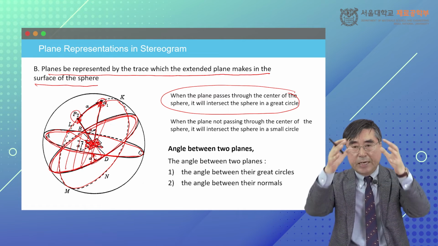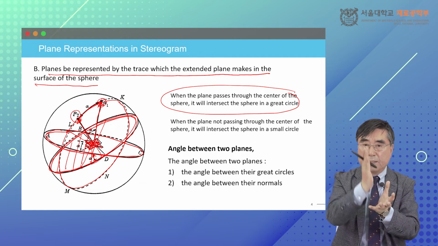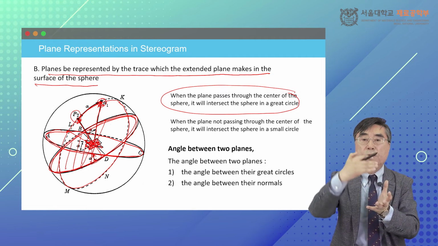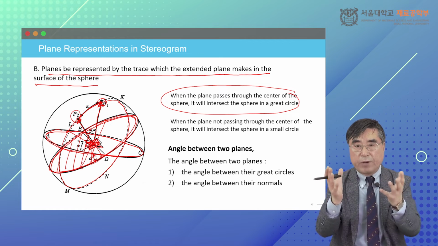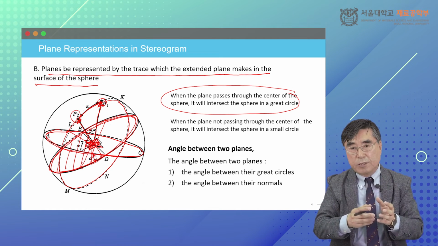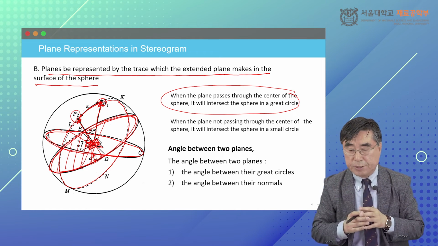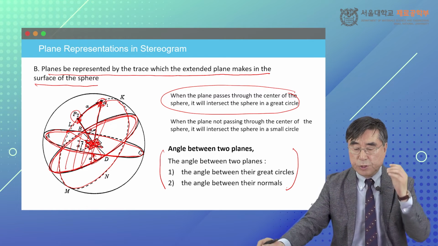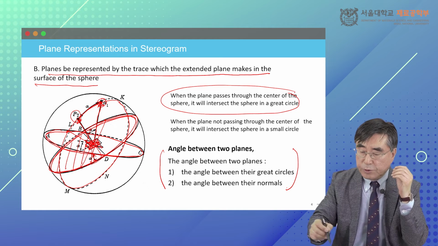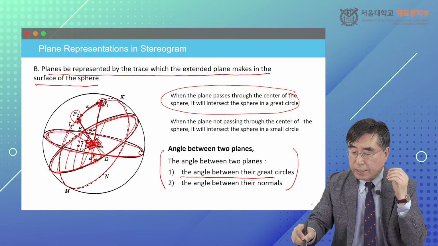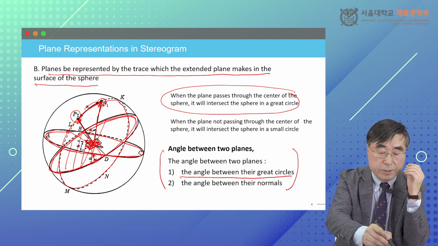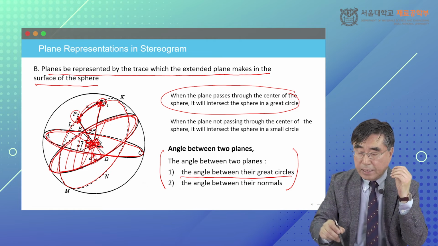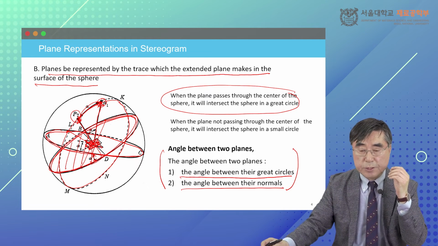So you imagine the sphere and cut it through its center, and you can see that it makes a great circle. And when you do that, you can measure the angle between two planes. The angle between two planes can be measured by the angles between the great circles, and by the angle between their normals.